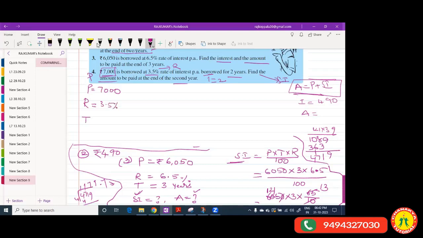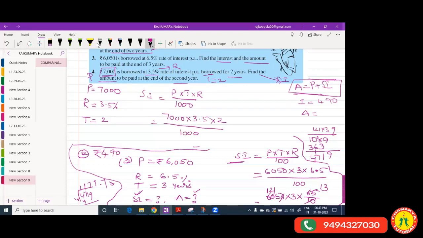Time is what? 2 years. So simple interest is P into T into R by 100. Then what will happen? 7,000, very easy, 3.5 times 2 by 100.